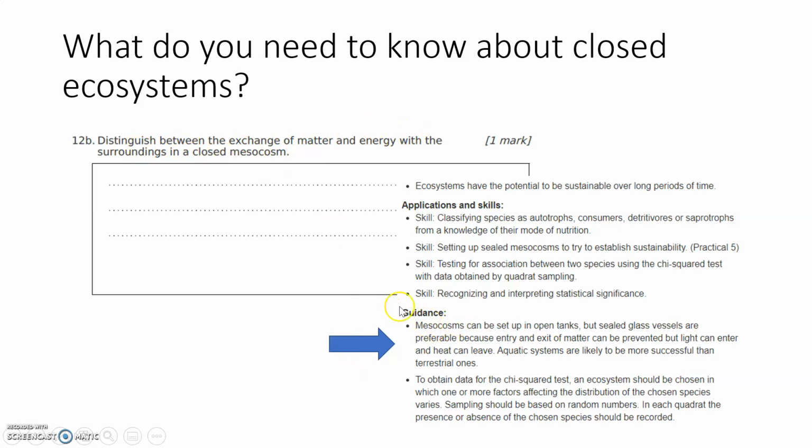And if you then again use the guide, this time we have to go down into the section called guidance, where they sometimes elaborate a little bit on what it is that you need to know. It says here that mesocosms can be set up in glass vessels because entry and exit of matter can be prevented, but light can enter and heat can leave. So you actually have the answer down here already, right? So again, it's important to use the guide.